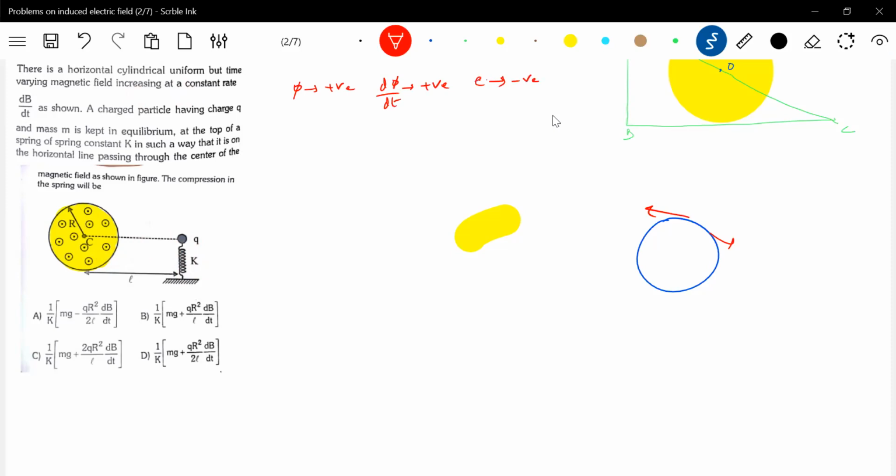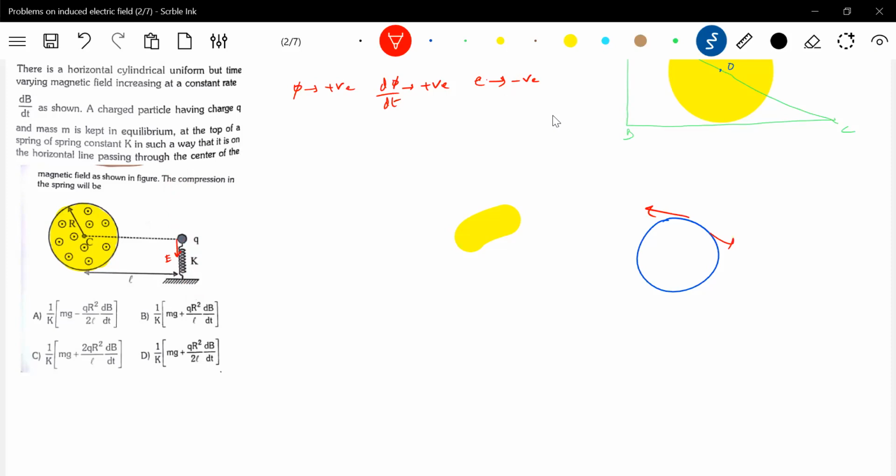Now how is the induced electric field? You are going to draw a circle here. Then E bar should be tangential. So it should be upward or downward here. It should be downward. If it were positive, it should have been upward. So the induced electric field at this point will be in this direction.